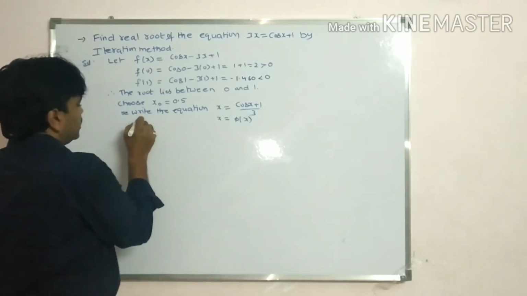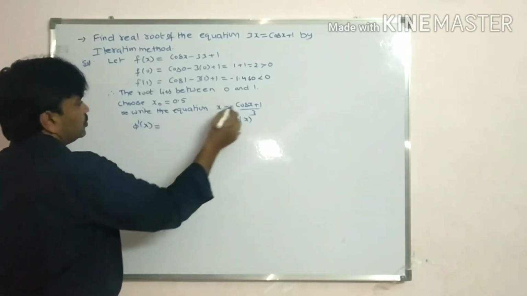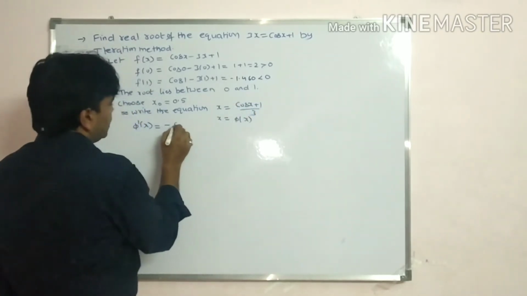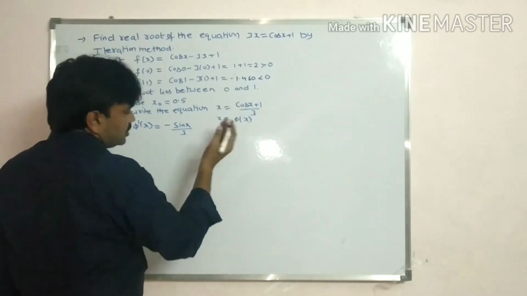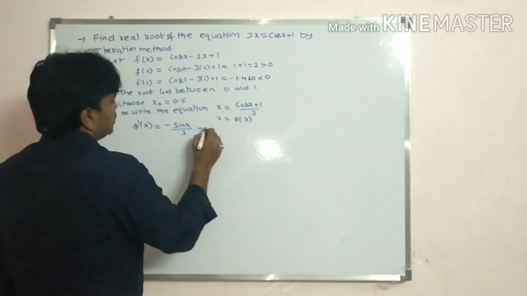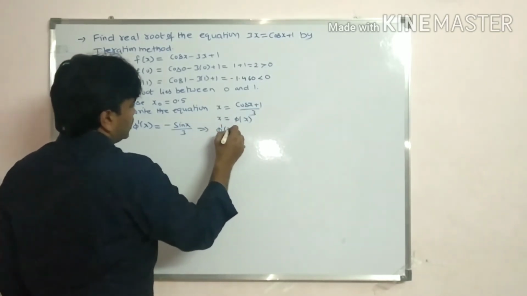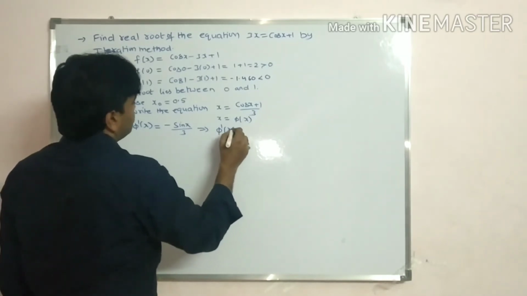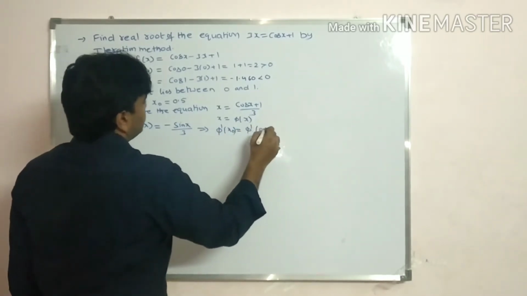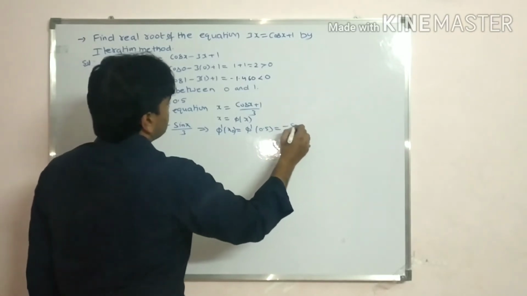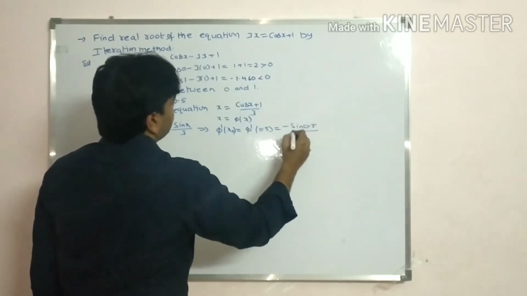So phi dash x is equal to the derivative of cos x, which is minus sin x, divided by 3. Derivative of 1 is 0. So phi dash at x naught, that is phi dash at 0.5, is equal to minus sin 0.5 by 3.